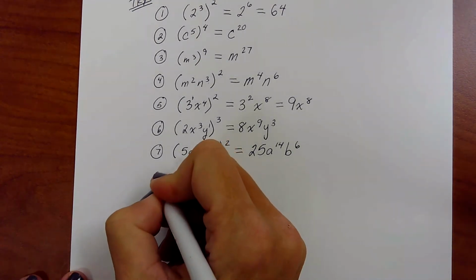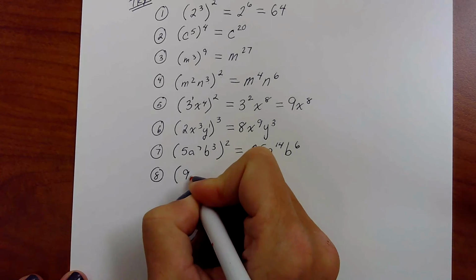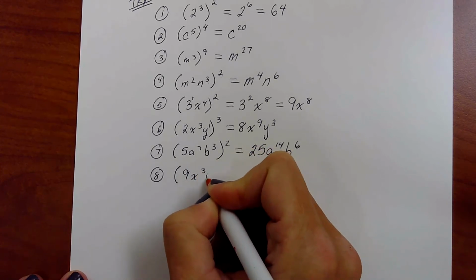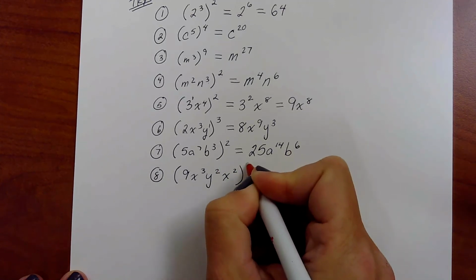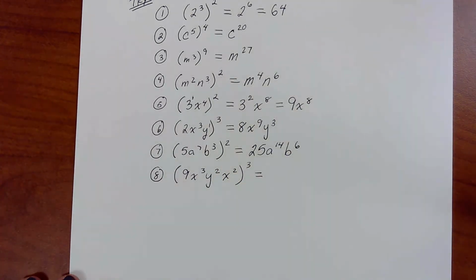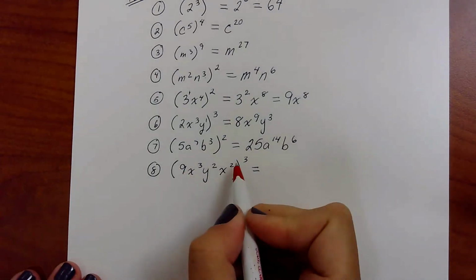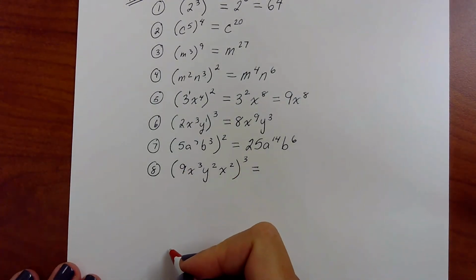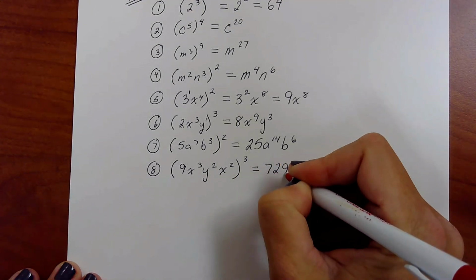All right, last one. 9, x to the third, y to the second, x to the second, all raised to the third power. Okay, 9 to the third. 9 times 9 is 81. 81 times 9 is 729.